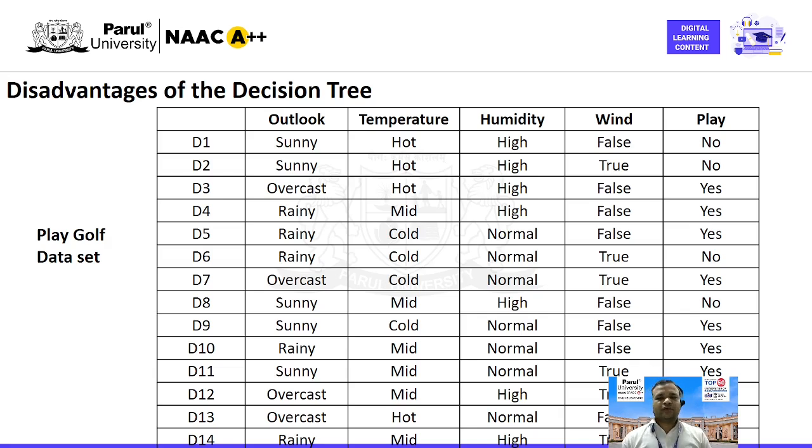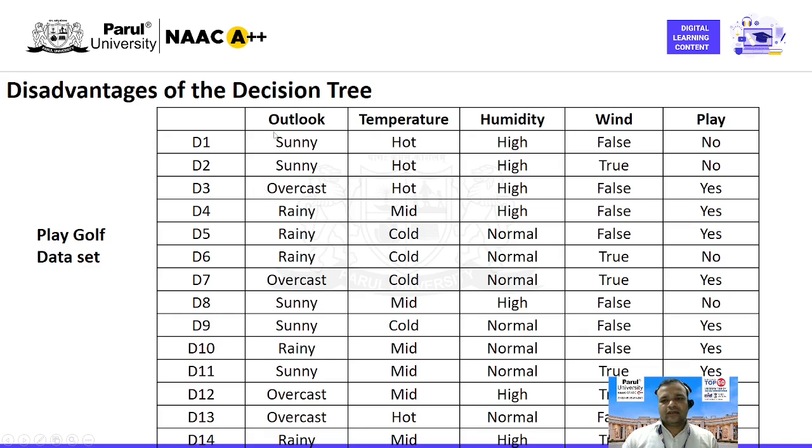Let's take an example of the decision tree and understand how we calculate the entropy, and how we can decide which one is our root node according to the entropy. These are the data set entries D1 to D14. That is a play golf data set.